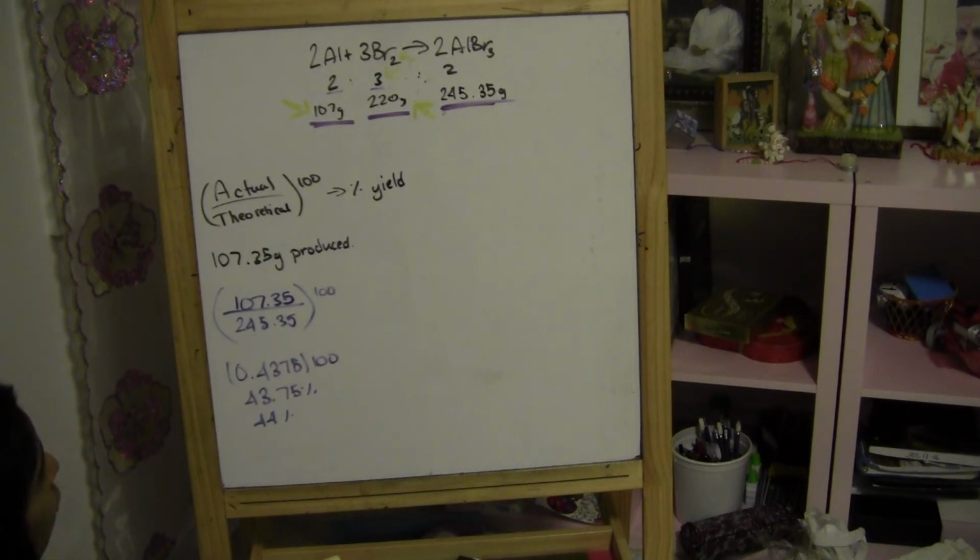But because there were so many impurities, only 44% of the actual amount produced is real, as in pure product. The rest of it is filled with impurities like chlorine, fluorine, I don't know, oxygen. It could be anything.